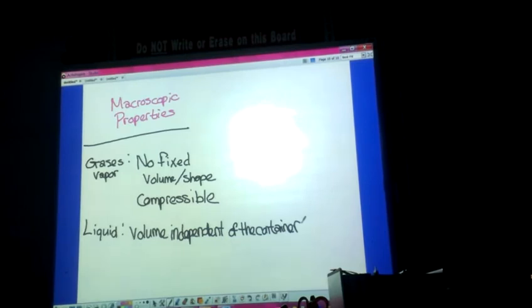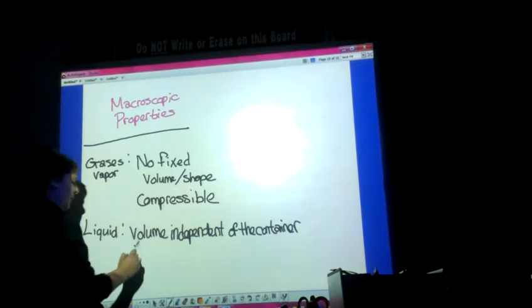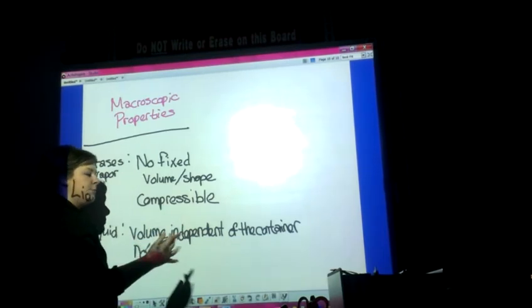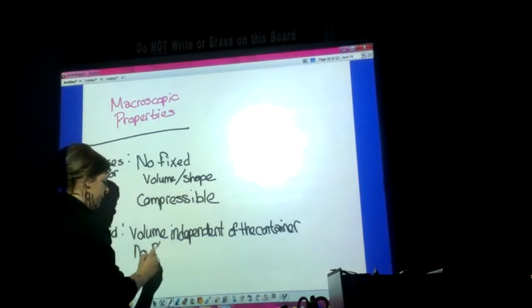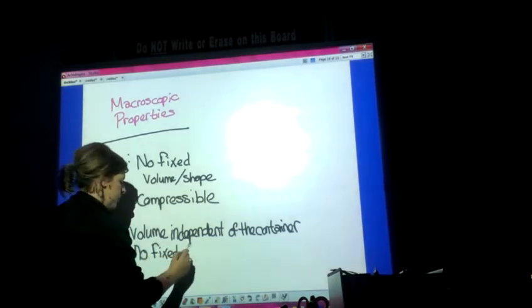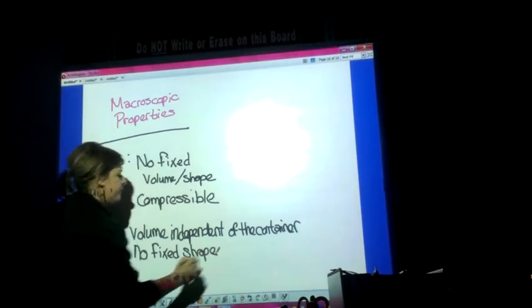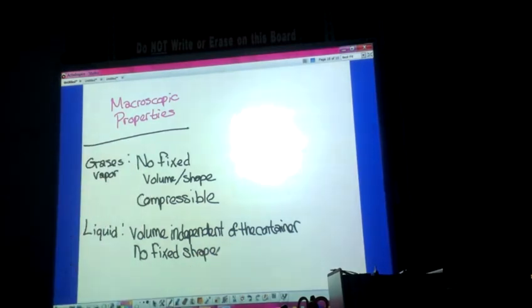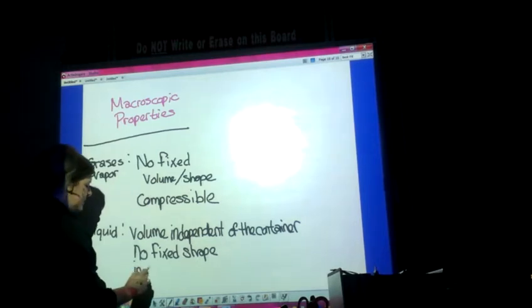Okay, it has no fixed shape. It will just take the shape of whatever container it's in, or it will conform to whatever container it's in. So no fixed shape. And are liquids compressible? They are not. Liquids are going to be considered incompressible.